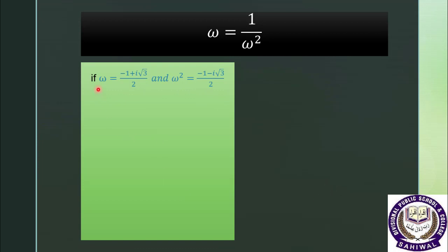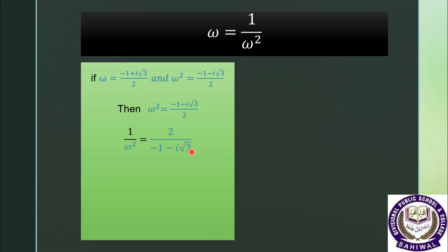We know that if omega is equal to (-1 + i√3)/2, then omega squared is equal to (-1 - i√3)/2. Considering omega squared, which is equal to (-1 - i√3)/2, now we reciprocate it, we get 1 over omega squared is equal to 2 over (-1 - i√3).